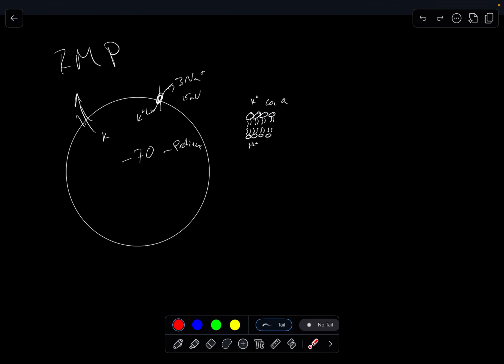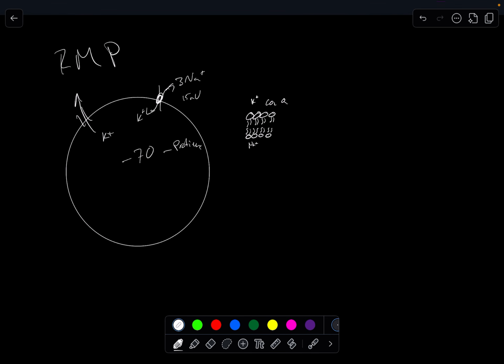So if we had a lot of sodium in our extracellular fluid, I'm not going to say sodium because that one doesn't change. I'm going to say potassium because that'll be a little easier to explain. If we had a lot of potassium out here, the driving force, which we'll talk about in a sec, would be smaller, so less potassium would be rushing out of the cell. So this might become more positive, because potassium is a positive ion.